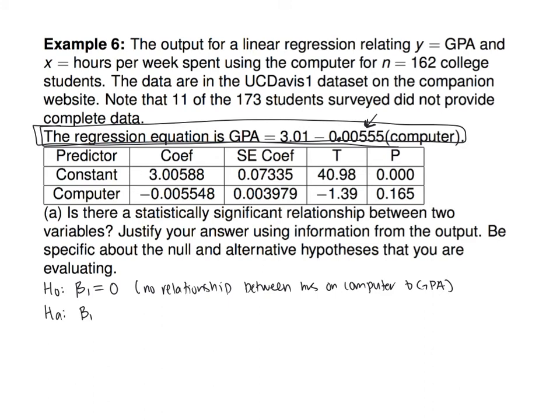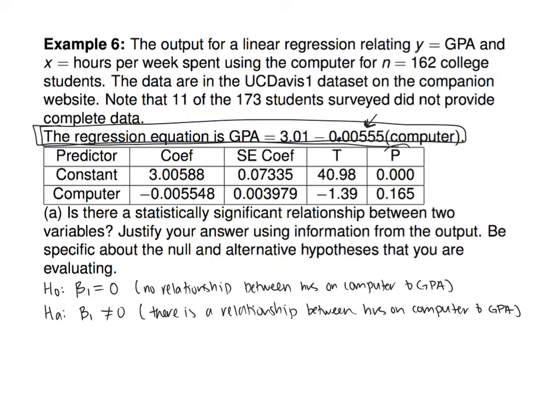And HA is that that slope is not zero, that there is a relationship between hours on computer and GPA.